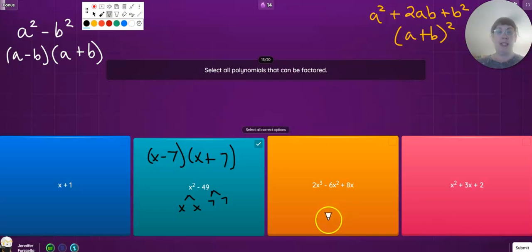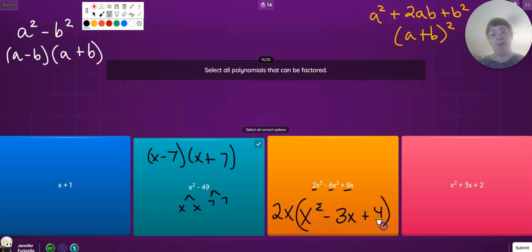2x cubed minus 6x squared plus 8x. It's not one of our patterns, but they do all at least have 1x. And the number 2 goes into 2, 6, and 8. So we can pull out a greatest common factor of 2x, and we'd be left with x squared minus 3x plus 4.